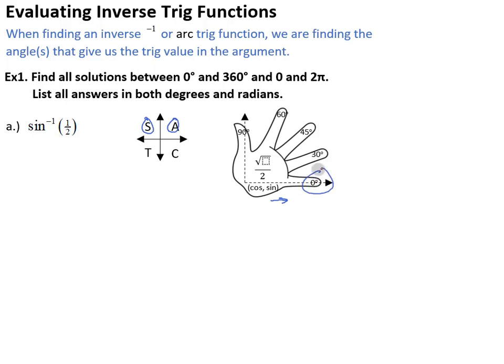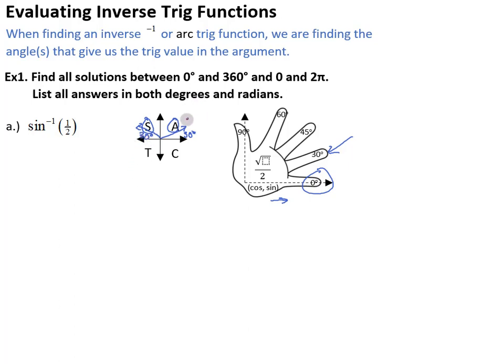If I was leaving one finger up on the right, that means I would need to fold down my ring finger, or 30 degrees. And what this tells us is that we are 30 degrees away from the x-axis in both of these quadrants.